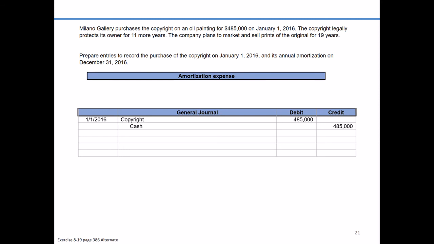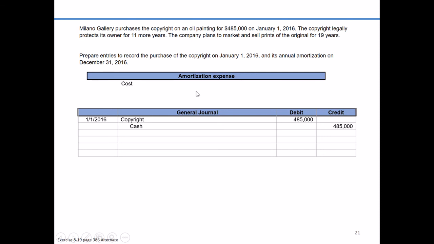Or if we determine later it does have a useful life or there's a limitation to life, we need to start amortizing that. So some items like trademark and goodwill have an indefinite life and we don't amortize them unless we find later on that there's a life limitation. But we at least annually test them for impairment. The copyright definitely has a limitation, so we're going to amortize it over its life.